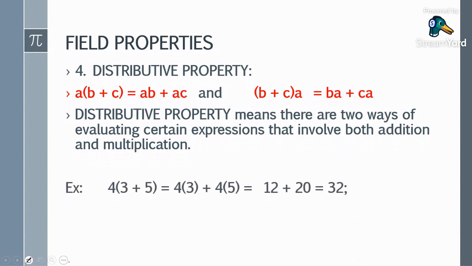Okay, so for example, this one. Let A equal 4, let B equal 3, and let C equal 5.